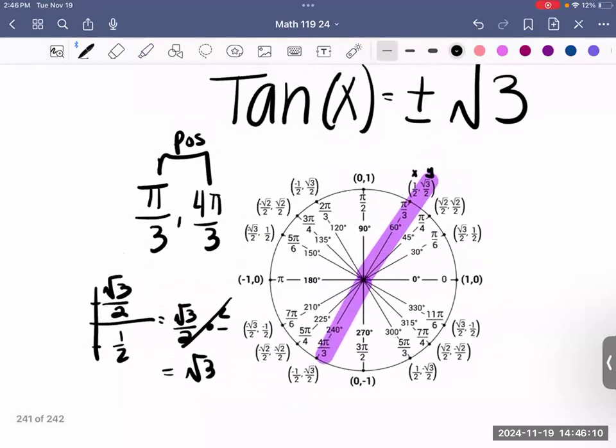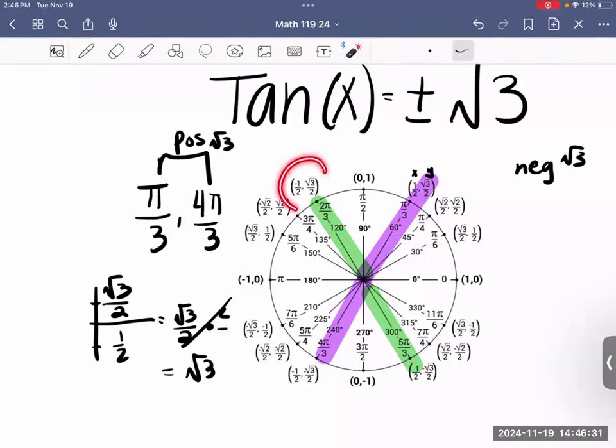So then what about the negative counterpart? Because you do have a negative here. So the negative root 3, and this is the positive root 3. Well, that would provide us with 2 pi over 3. And again, 5 pi over 3. Because this is where your coordinate, we have negative 1/2 and root 3 over 2.